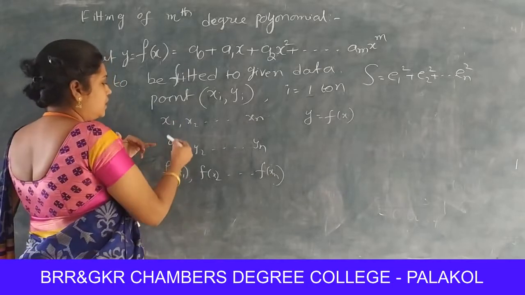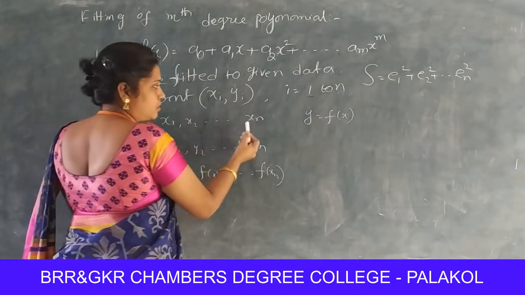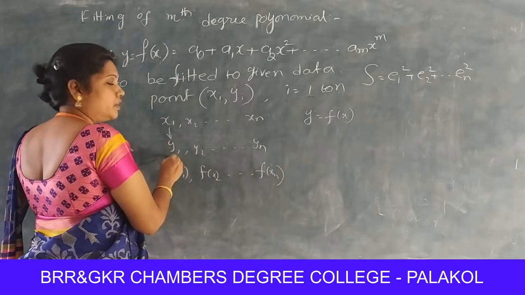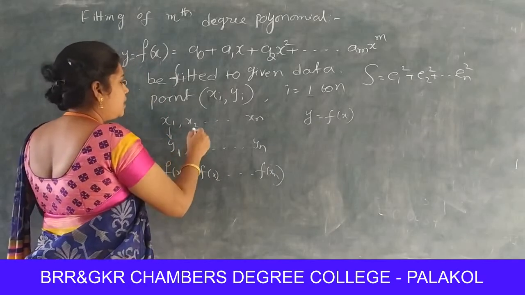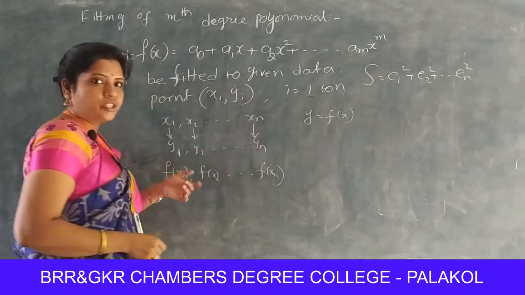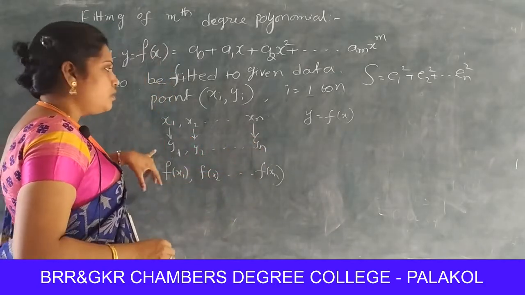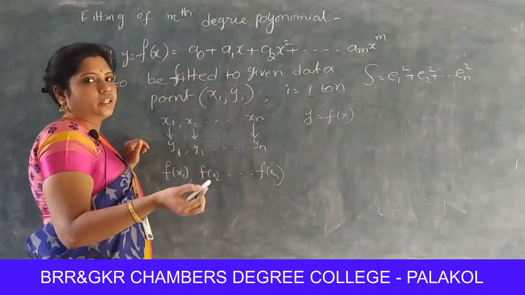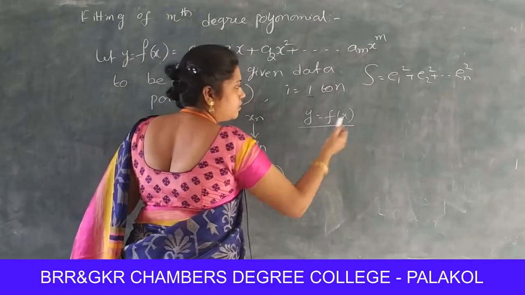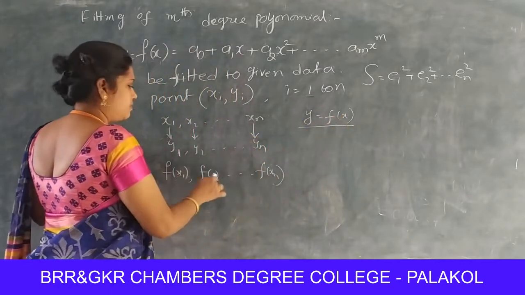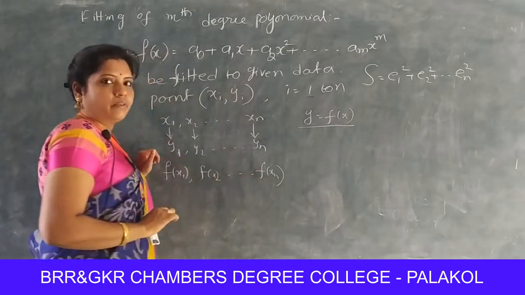Our ordinate values according to x1, x2 and so on xn are y1, y2 and so on yn. x1's corresponding ordinate value is y1, x2's is y2, and xn's is yn. Our fitted curve is y equal to f of x, so the fitted curve values are f of x1, f of x2 and so on f of xn.